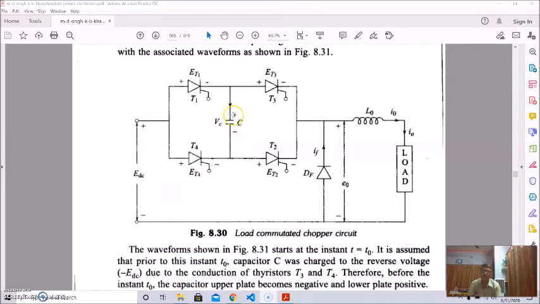Due to the conduction of thyristors T3 and T4 before the instant t0, the capacitor upper plate becomes negative and lower plate becomes positive.